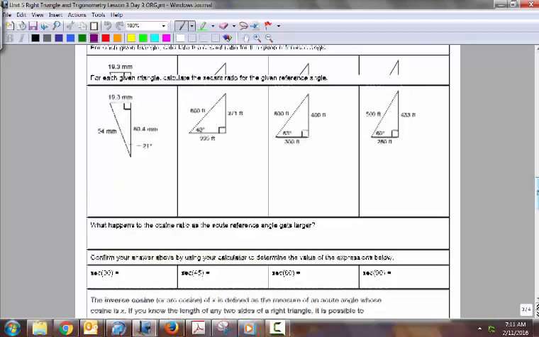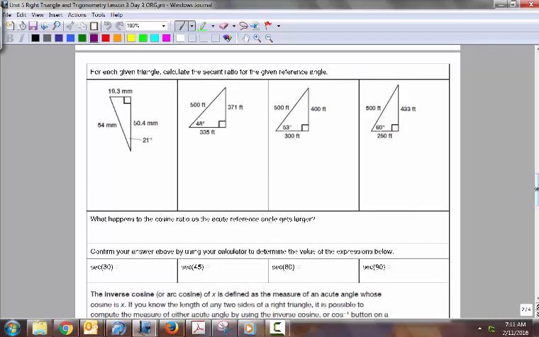Now we're going to practice writing the secant ratio, and then we can calculate it. We need those same components that we needed for the sine ratio, but in the opposite order. So I have secant of 21 degrees is the hypotenuse over the side adjacent.